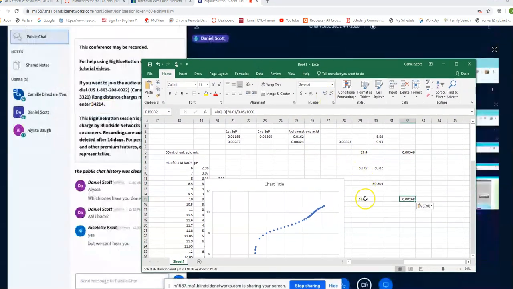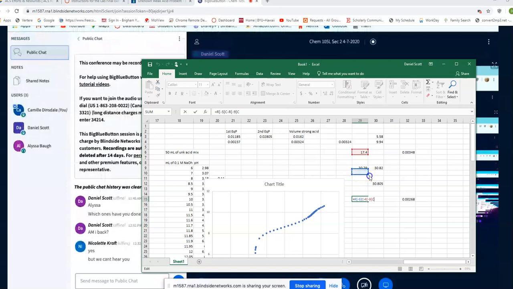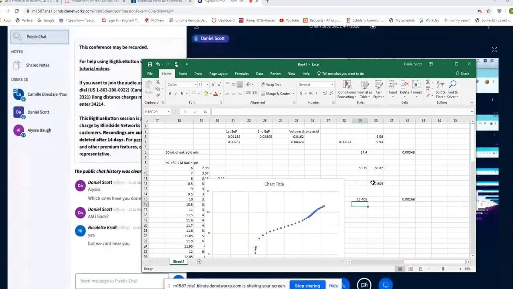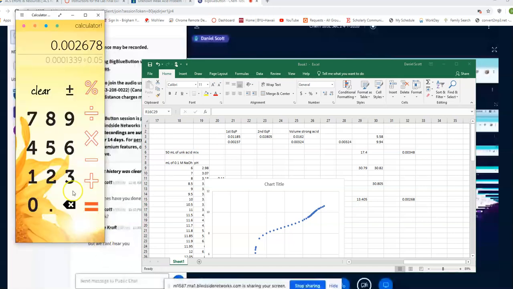The second volume was reached at 30.79. So what was the calculation for the second one? 0.00268. Yeah, 0.002678, which rounded up to 268.